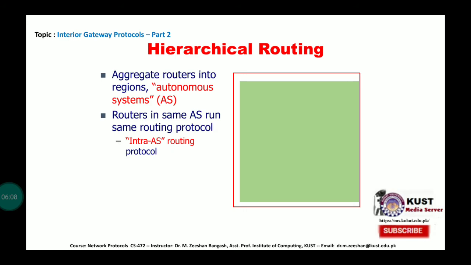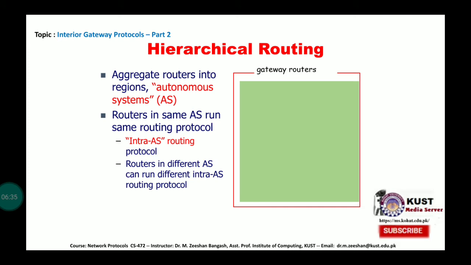Now, as far as the autonomous system division is concerned, the routing is divided into intra-autonomous system routing protocols and inter-autonomous system routing protocols. Routers in different autonomous systems can run different intra-autonomous system protocols. Now there is a division or segregation of some routers that will be given the role of gateway routers in the network, and that differentiation is basically on the basis of the role they are playing.